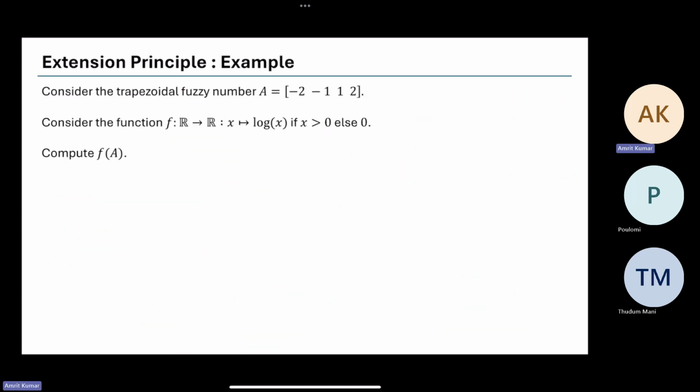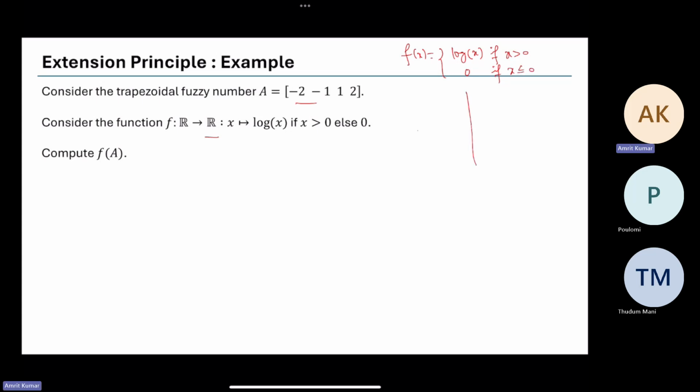Okay, so let us do one more example on the extension principle and then we'll move to fuzzy equations. So we have a trapezoidal fuzzy number and we have a function f from R to R. It is log of x if x is greater than 0 and it is 0 if x is less than or equal to 0.